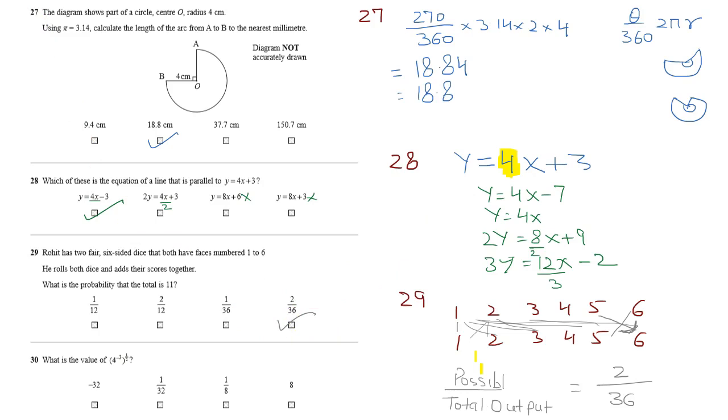Question number 30. 4 to the power minus 3 to the power 1 over 2.